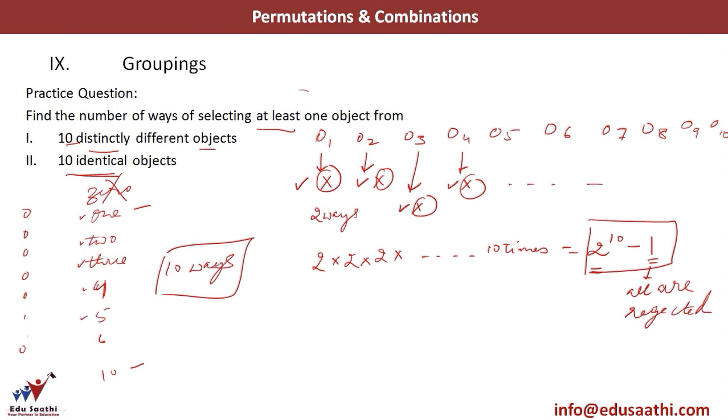Now don't confuse this with 10C1 and 10C2. This holds only when the objects are different. Here all the objects are same, so the only number of ways are 1, 2, 3, 4, 5 and so on till 10, representing the number of objects.